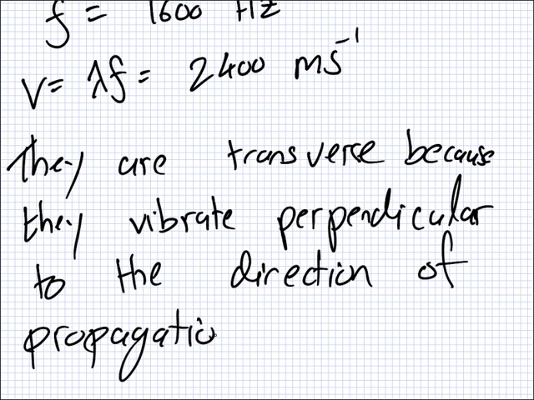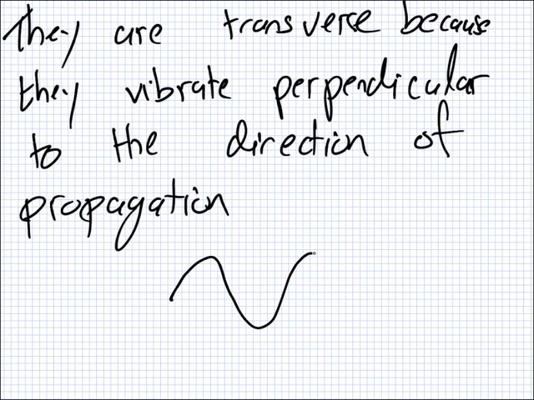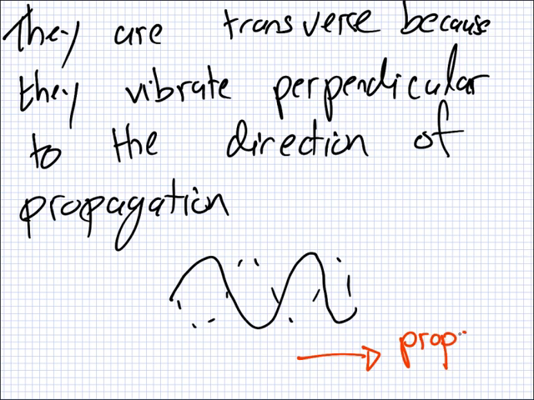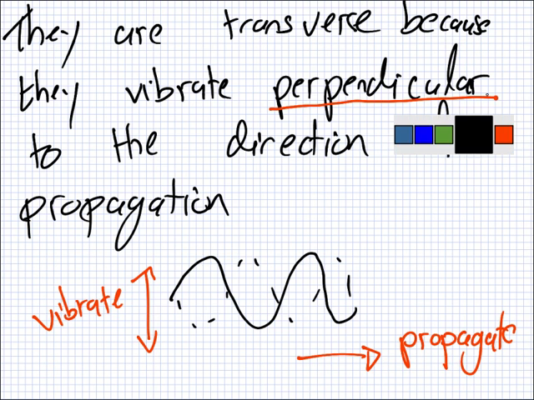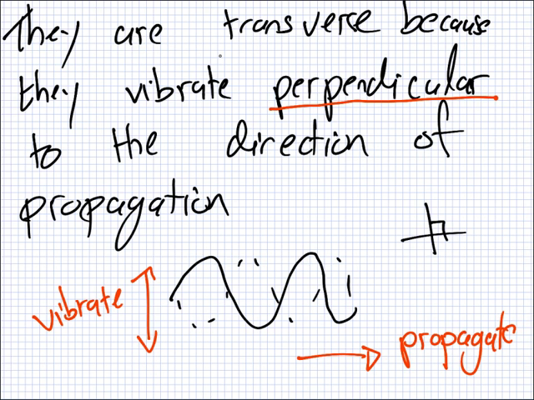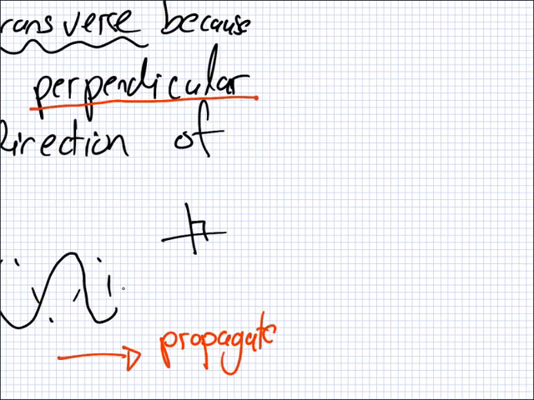So because this and this are perpendicular, then we call them transverse. How about the other? Longitudinal is when they're parallel, like this.